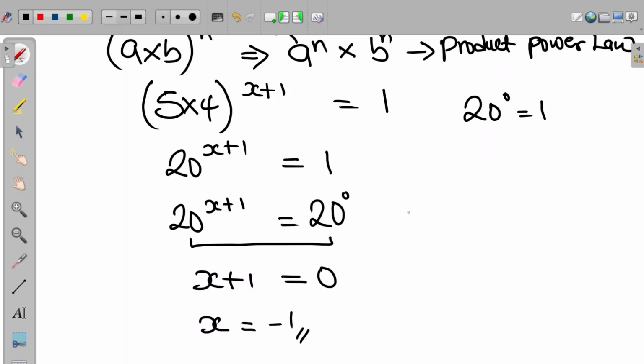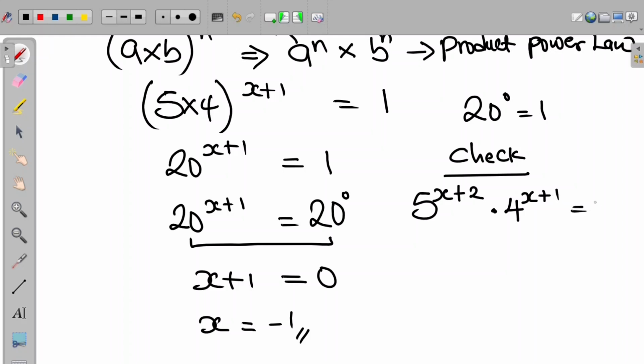Now, let's check if our value of x equal to negative 1 satisfies the equation. So the equation given to us was 5 raised to the power of x plus 2 multiply by 4 raised to the power of x plus 1 equal to 5.